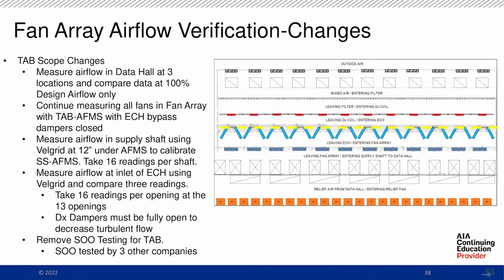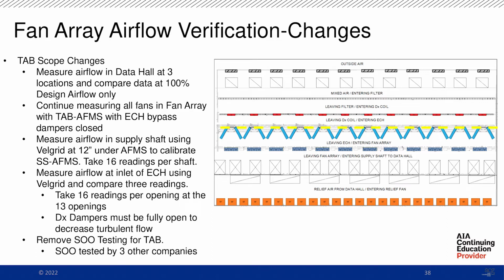During this 2-month project, we had to reread everything. They said they were going to change our whole TAB procedure. Instead of reading at 4 different speeds, we would read at 3 different spots at 100% airflow. We read a velocity traverse at the inlet of the ECHs, and we continued measuring all fans.